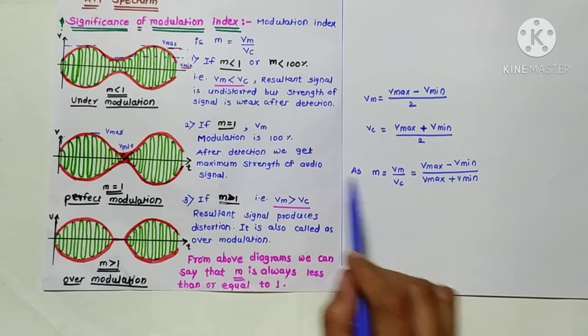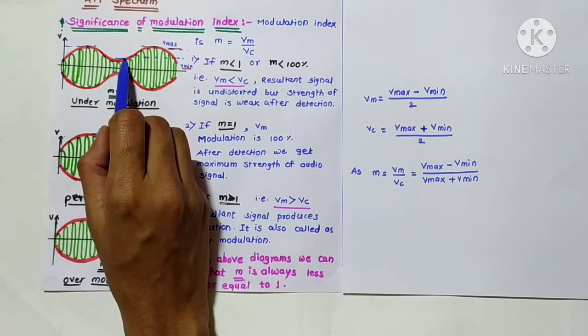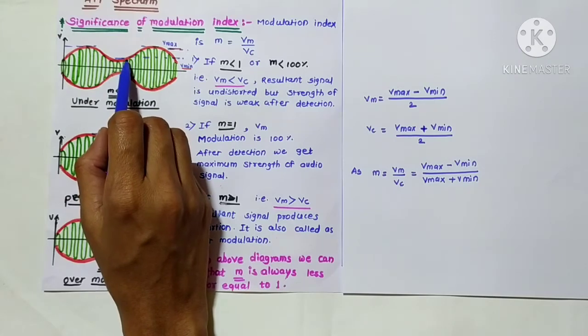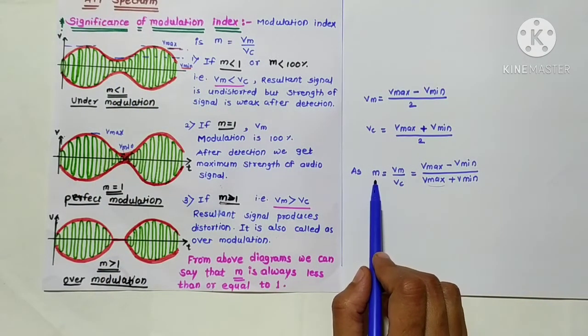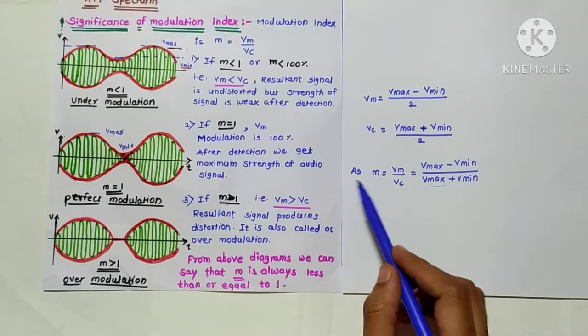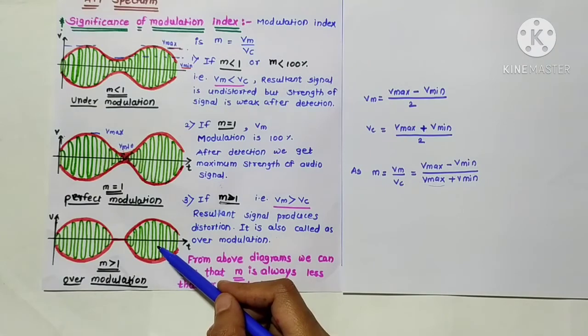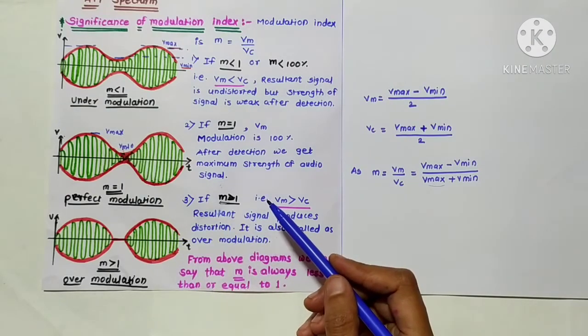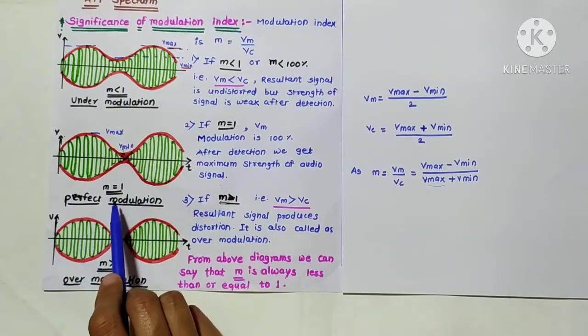So this is another equation to find the modulation index in an AM signal. Okay students, so this is a peak amplitude and this is a minimum amplitude. From this equation we can find the modulation index. So from these three diagrams we can conclude that m is always less than or equal to 1.